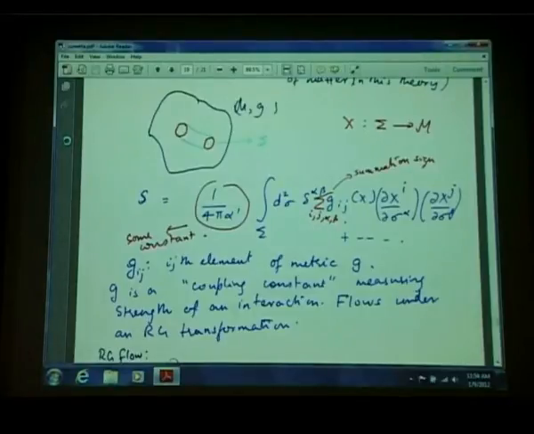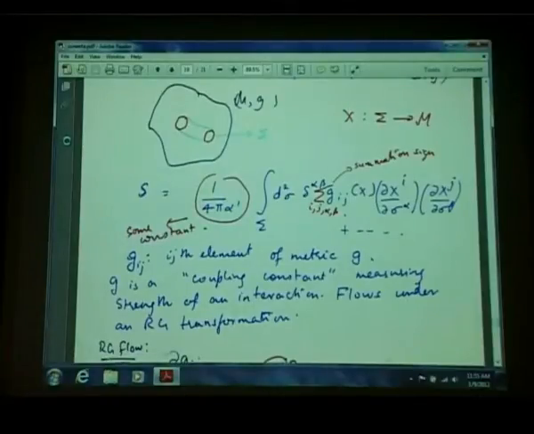I have to say coupling constant within quotes because it depends on the x's. It is technically a coupling constant if you expand this out in some kind of Riemann normal coordinates, expanding the metric about a point. And Gij is just the ijth element of that matrix G, which I call the Riemannian metric.